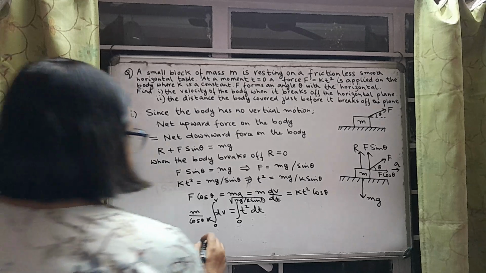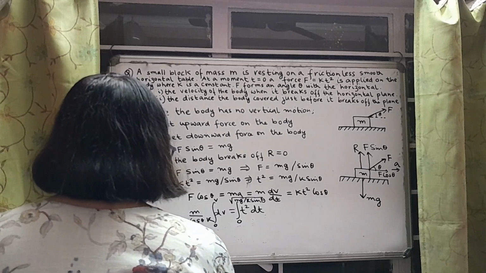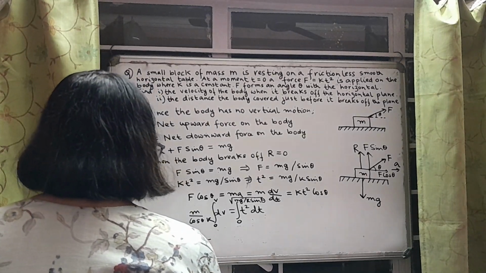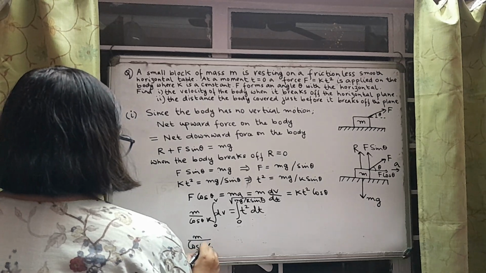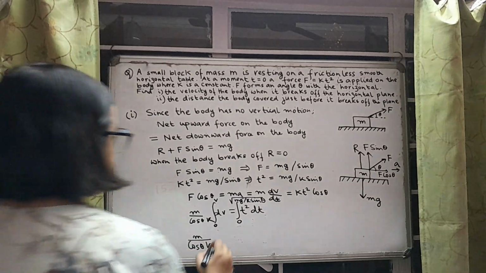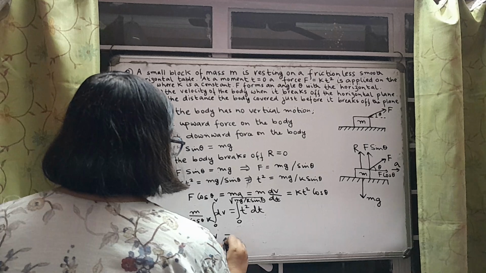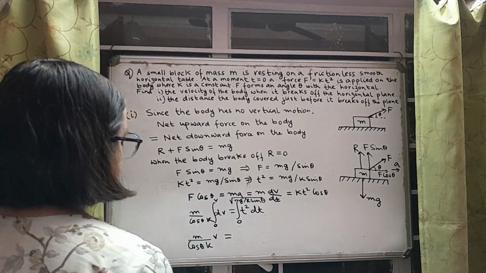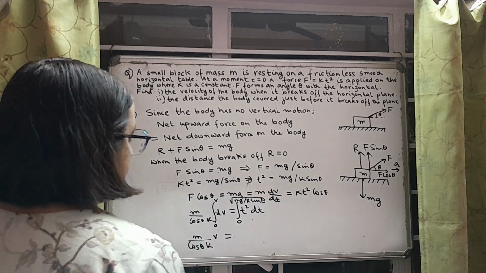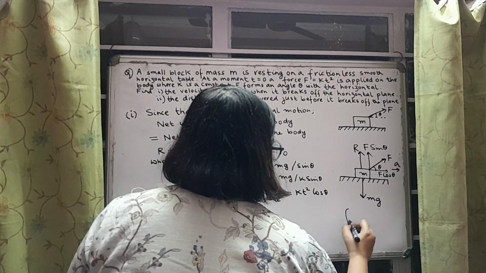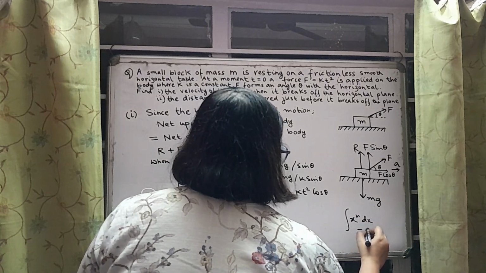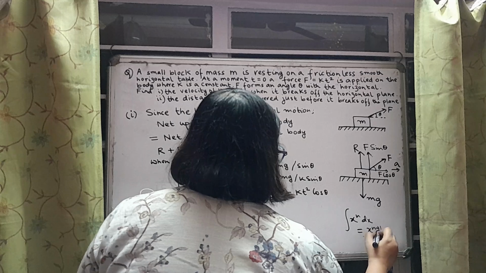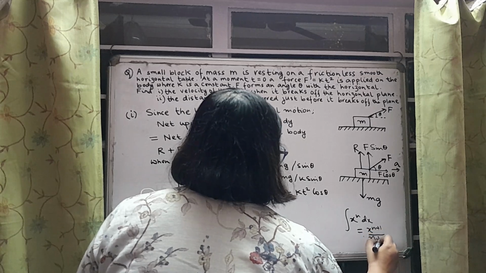So if I solve this, I get m by cos theta into k, v equal to, I have discussed in the previous video that the integral of x to the power n dx is x to the power n plus 1 by n plus 1.